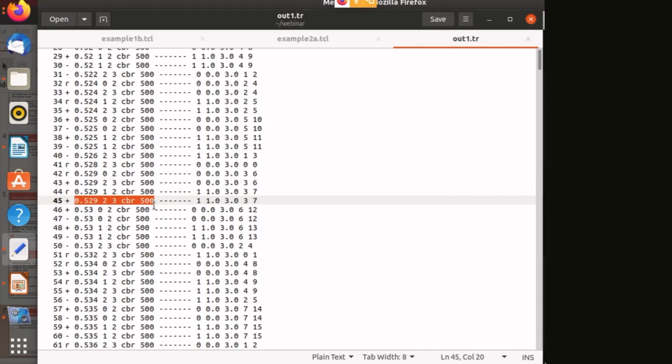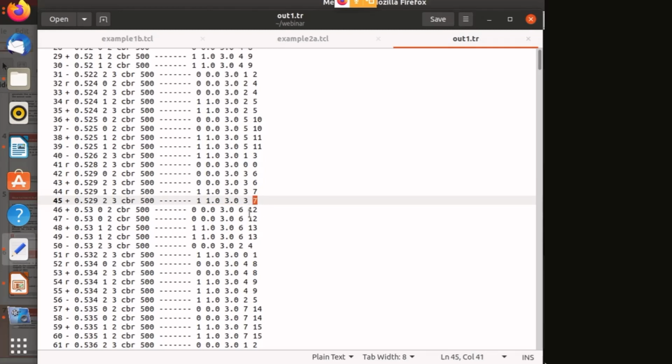In case of packet 0, we saw that it was dequeued as soon as it was enqueued. But it is not the case for this one.